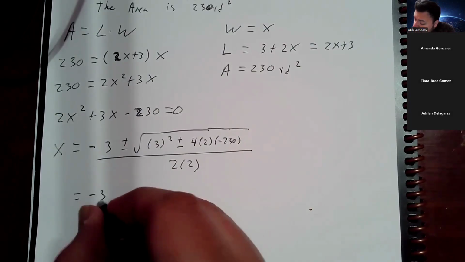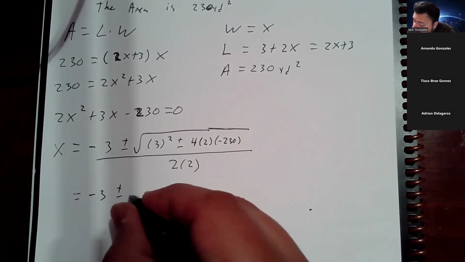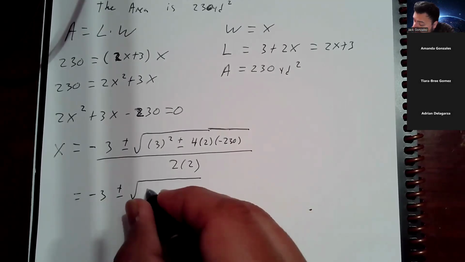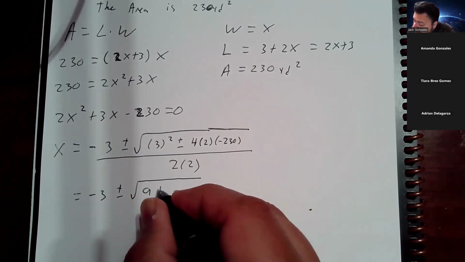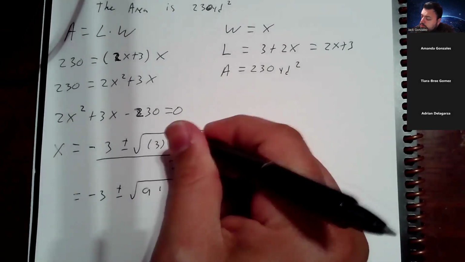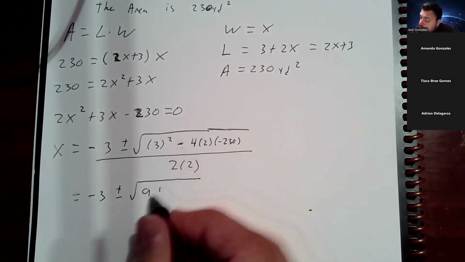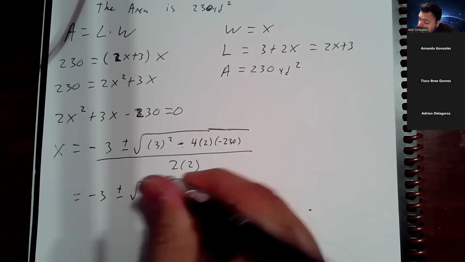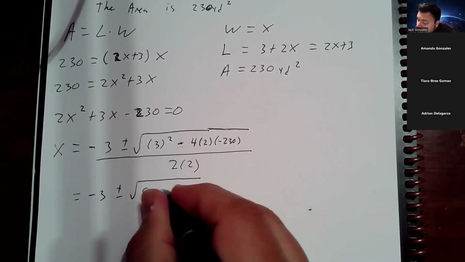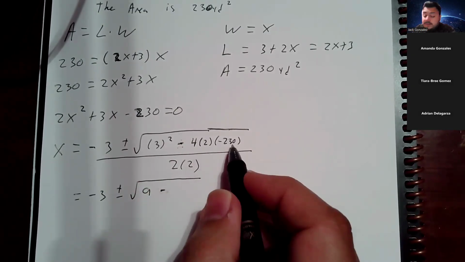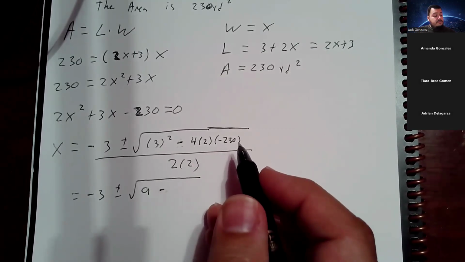That becomes negative 3 plus or minus 9 plus, actually, there's no plus or minus in here. That's weird. So negative 8 times negative 230. I don't know what that is.